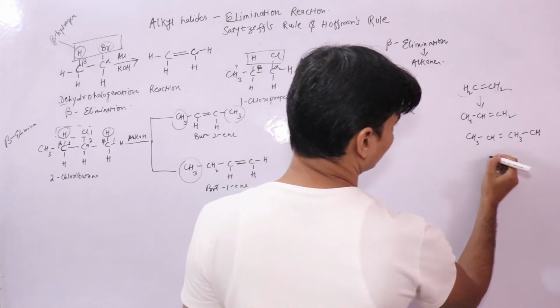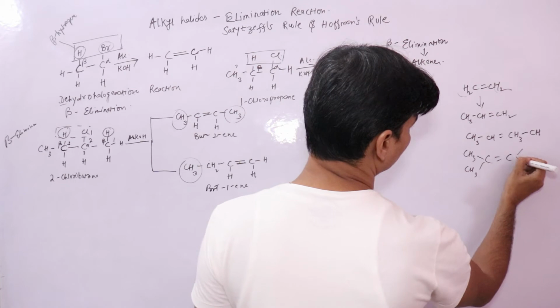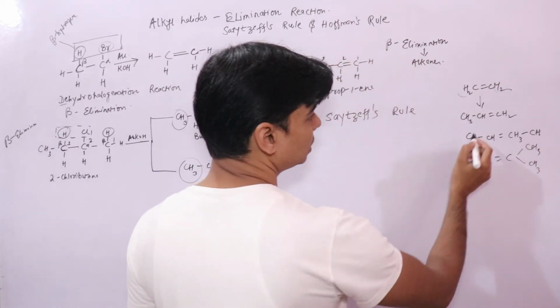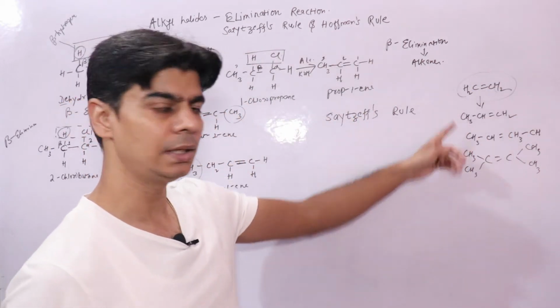If I substitute all hydrogen atoms with methyl groups, this is the most substituted. There is no substitution in this, it is ethene.